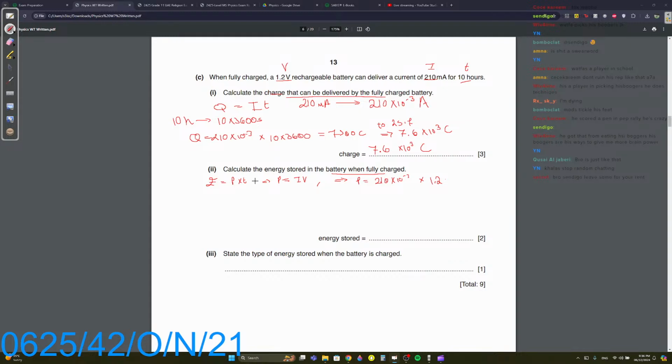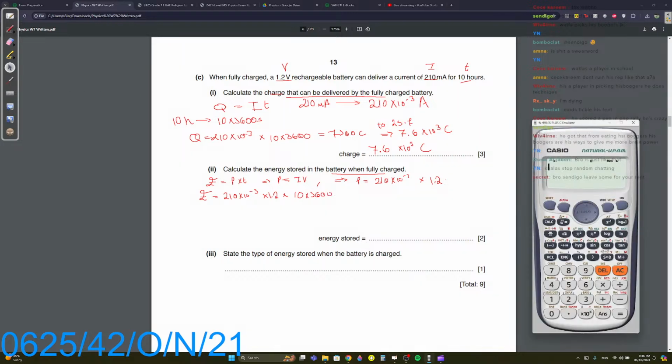Now we can substitute the power as 210 times 10 to the power of negative 3 times 1.2 times the time, which is 10 hours. In seconds, it's 10 times 3,600. Let's solve it: 210 times 10 to the power of negative 3 times 1.2 times 10 times 3,600.